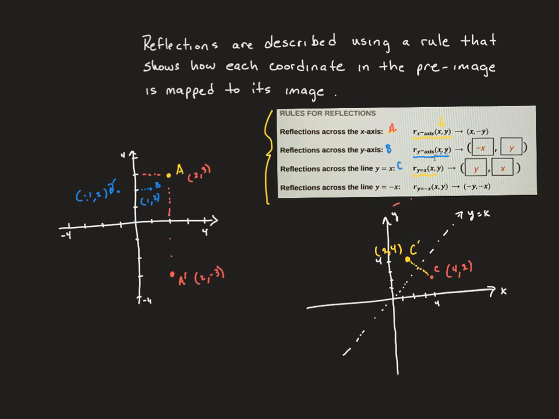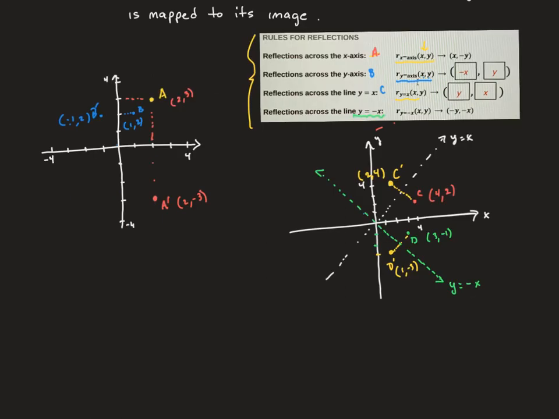And then the line y equals negative x. As we make that reflection across y equals negative x, which is this green line here with a slope of negative 1, if we start off with D at (3, negative 1) and I reflect over this line, I end up at (1, negative 3), which is a reversing: (negative y, negative x).